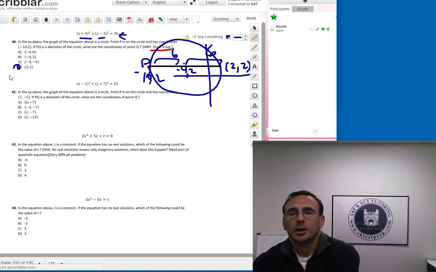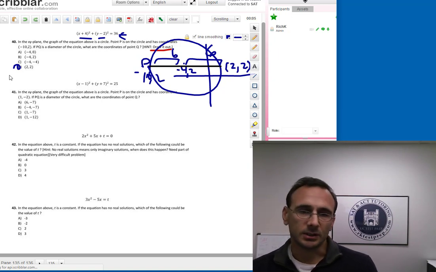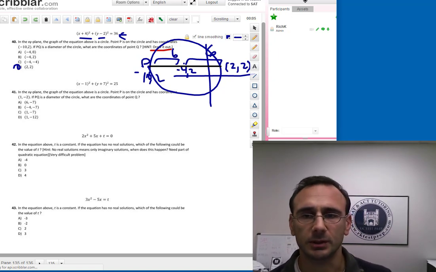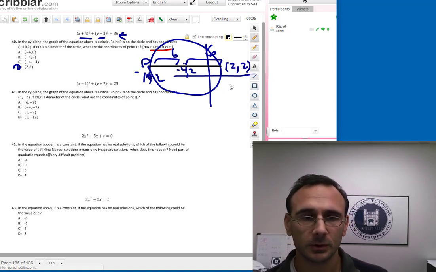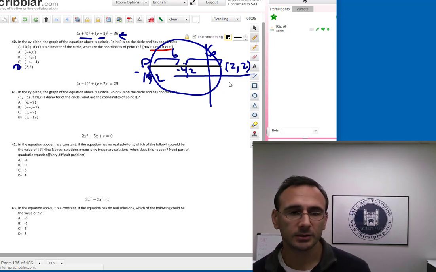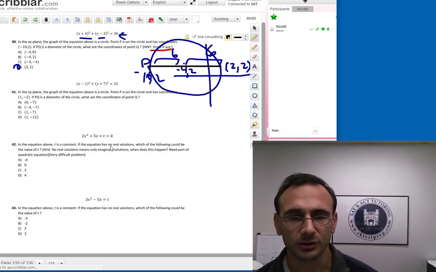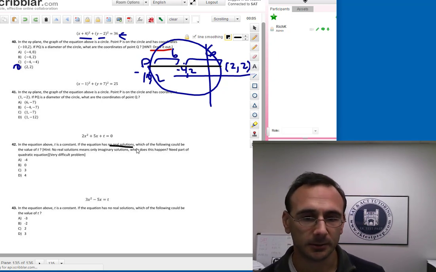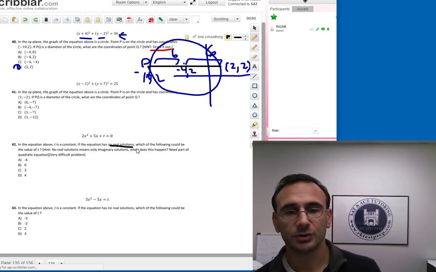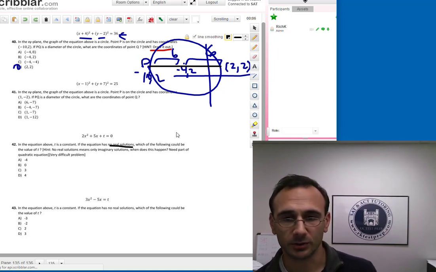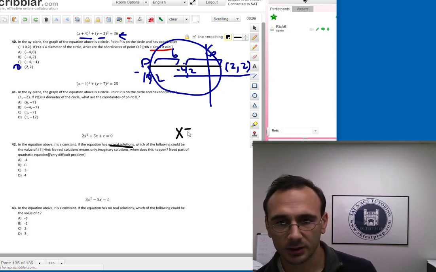41 is similar, but with that one, it's going to be vertical when you draw the diameter. But again, just definitely draw it out. 42 is a tough one here. t is a constant. If the equation has no real solutions, what could be the value of t? No real solutions means imaginary solutions. And that's a hint that we would be using the quadratic formula, which you have to know.